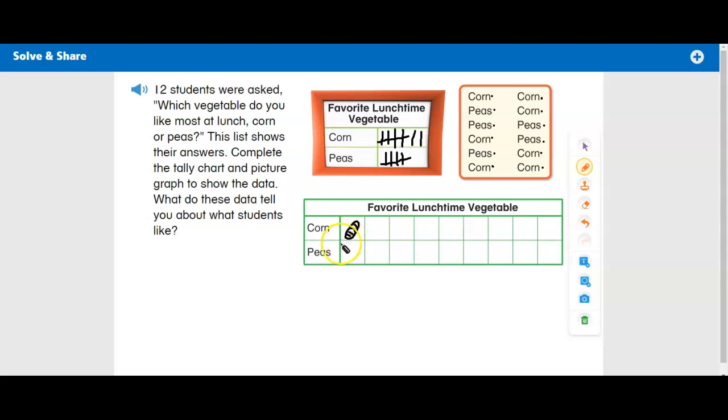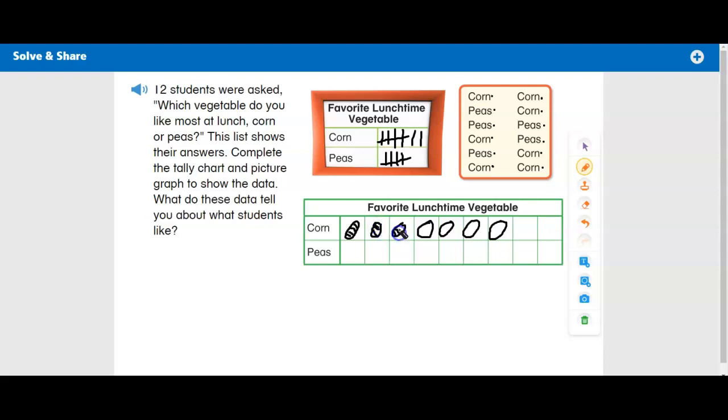Now your corn, you can draw it however you would like. We know that there are 7 corns, so I have to draw 7 corns. Whoops, 4, 5, 6, 7. They don't have to be perfect, that's okay.